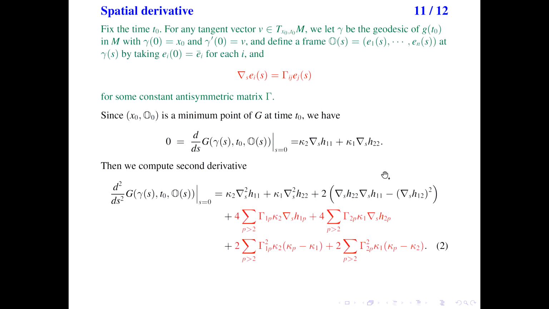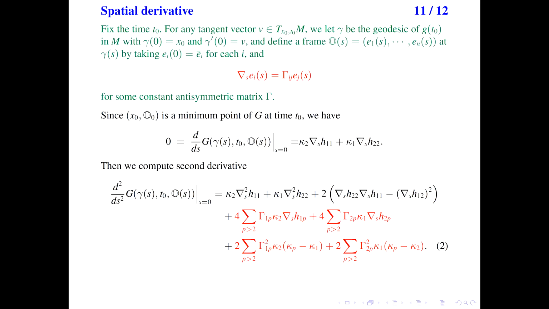Then we can also compute the second derivative of the function G, which is non-negative by the minimum condition. By the calculation, the second derivative has some terms: the first two terms are second derivative terms of the second fundamental form, and there are some terms involving the matrix gamma and gamma squared.